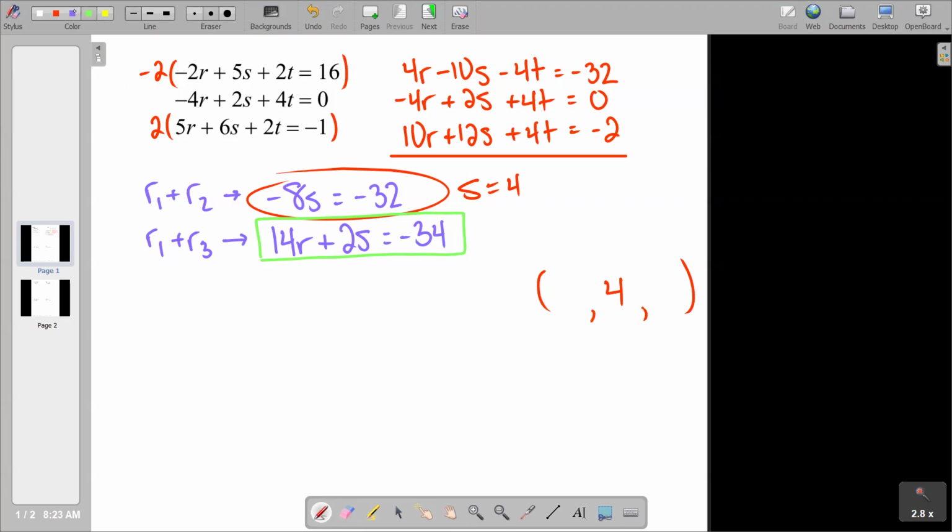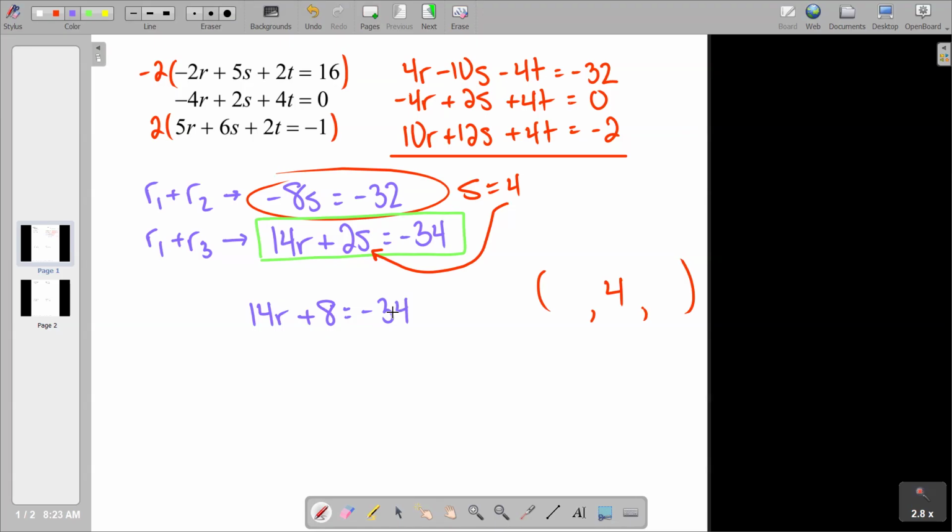So now I can take the number 4 and put it right there where that arrow is pointing. You see. So that equation now says 14 R's plus 8 equals negative 34.